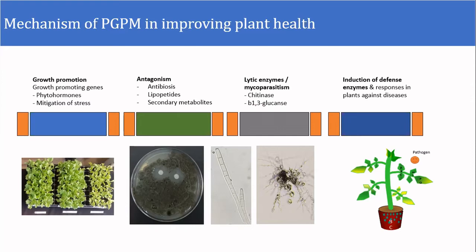So in that case, we could use the molecular techniques to screen all these strains to see what the mechanisms are, or what genes are present in those microorganisms, and based on that we can correlate with its antagonistic activity that has been observed under in vitro conditions. So then we can narrow down the number of microorganisms from hundreds or thousands of microorganisms to the elite strains. It may be anything in number.